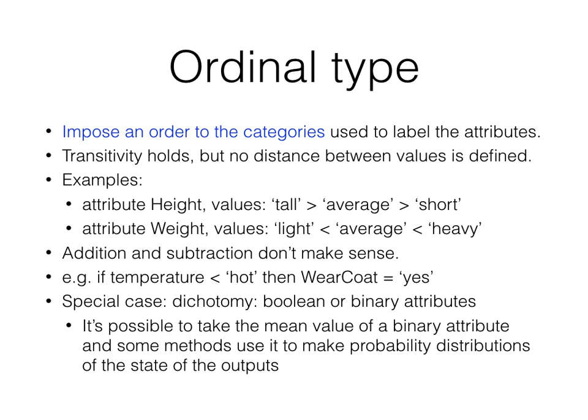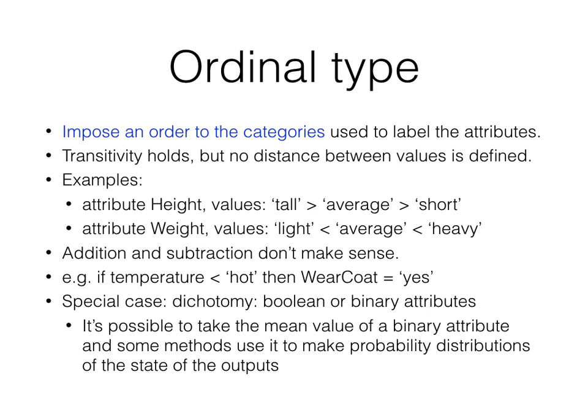The next one is ordinal attributes, and here we have an order to the values. There's transitivity, so we can say that it's less than or greater than, but we can't get a distance between them. As an example, let's have height, with values tall, average, or short.